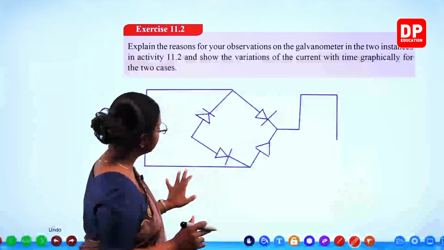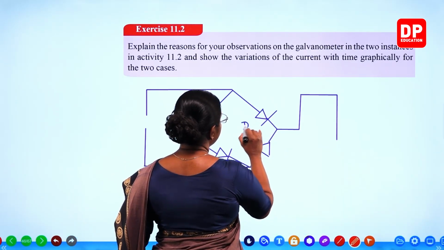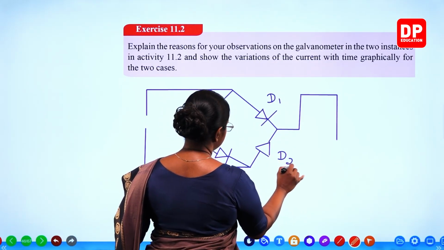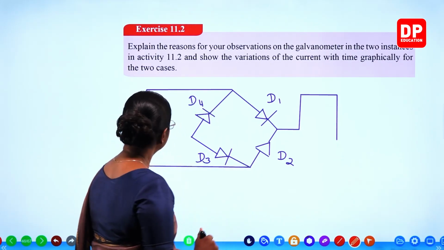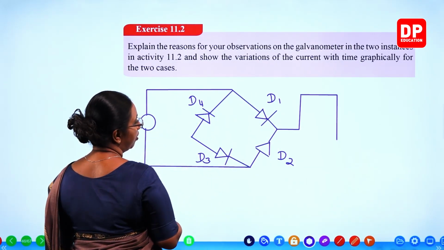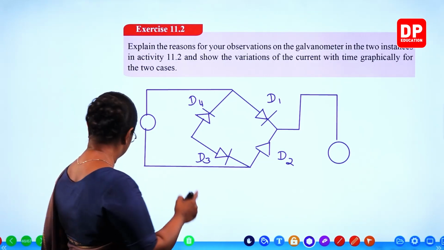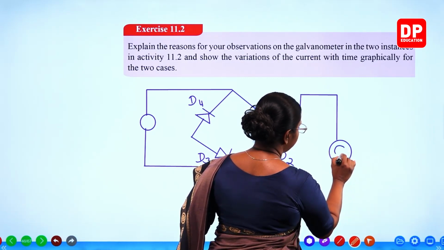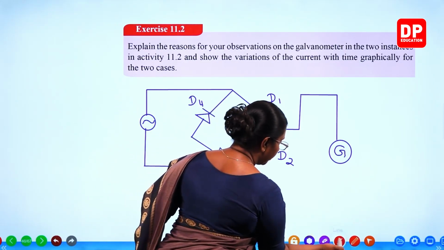Here, students, you all can see this is the rectification bridge, the 4 diodes. If we label them D1, D2, D3 and D4, those are the diodes. Now, here we are going to give alternating current. And here, instead of the diode, we are going to have the galvanometer. So, that's going to be the galvanometer there, and that's going to be the alternating current source. Then I have to complete the circuit.